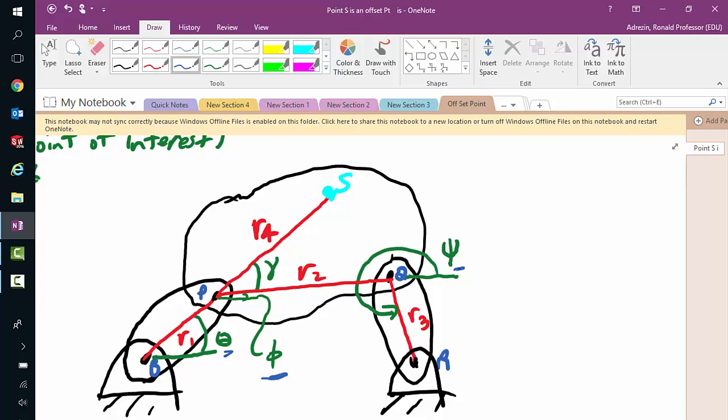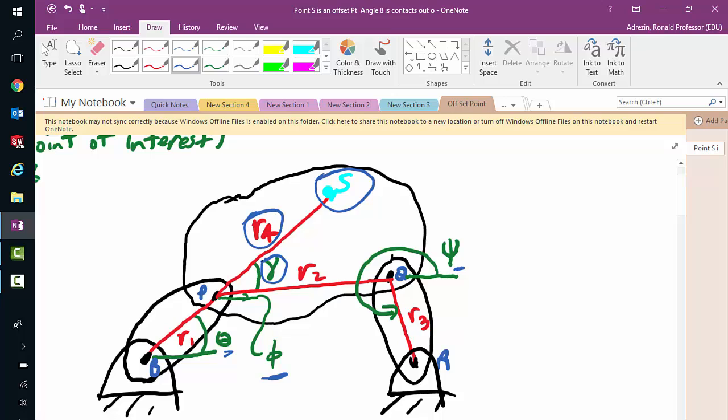And again, I can develop this for link 1, link 2, link 3. For consistency, I pick link 2 since I can see it easily on both the 4-bar and the slider crank. So I have this point S. Its distance is R4 from P, and its angle is gamma.